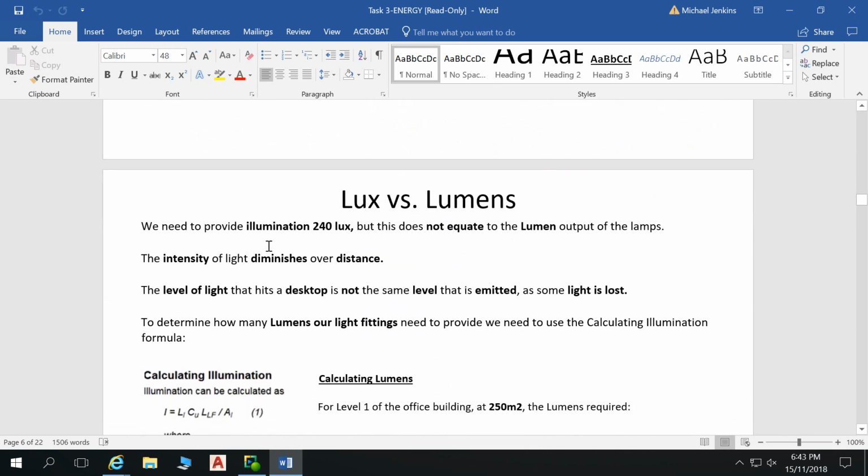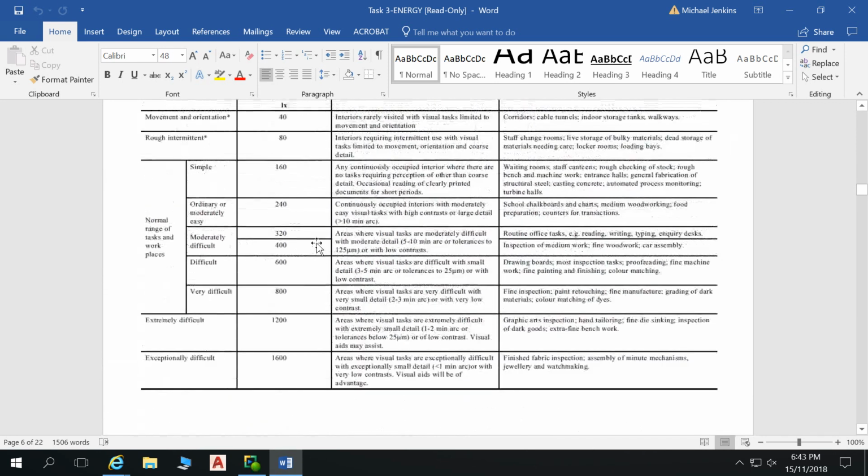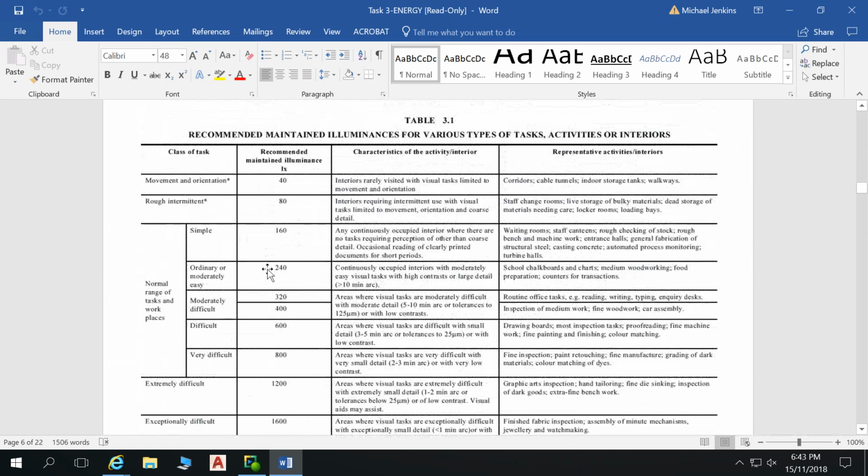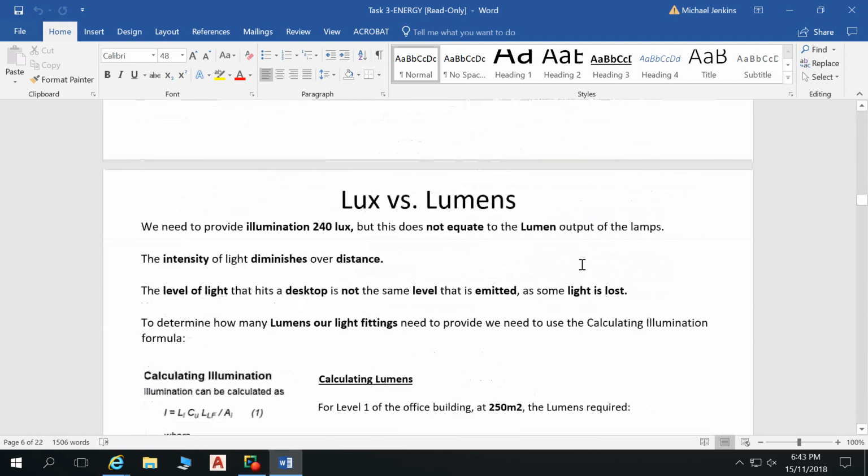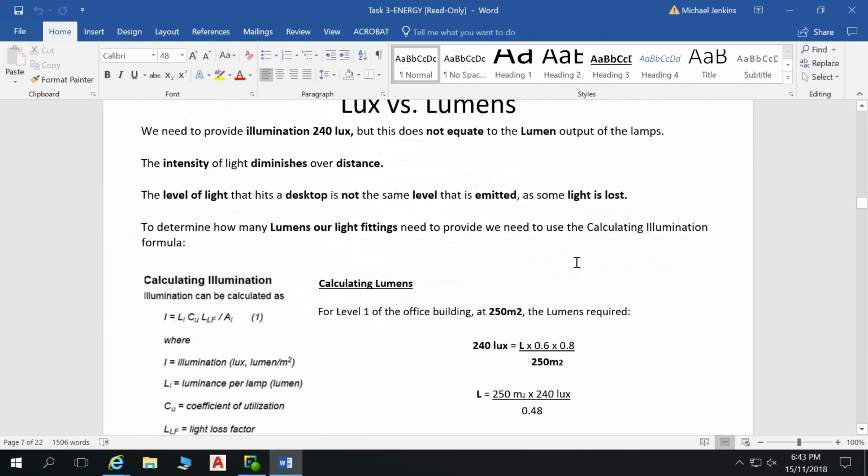So we need to provide illumination of 240 lux. That 240 comes from this table here: ordinary or moderately easy, school chalkboard and charts, etc. So we've got to get 240 lux.